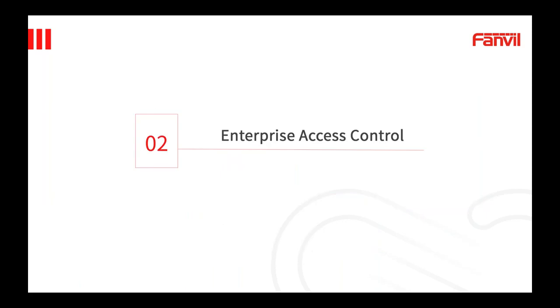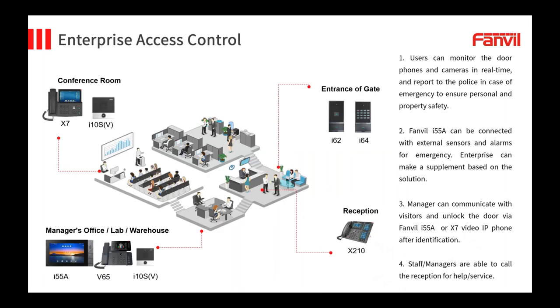Different scenarios match different solutions. For the enterprises, we suggest the following choice. As shown in the image, we applied the X7 IP phone and i10 series intercoms to a conference room, and for the manager's office, lab, and warehouse, we use indoor stations, the I55A and the V65 IP phone.